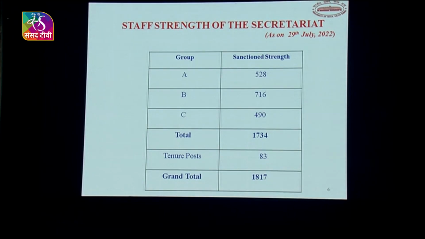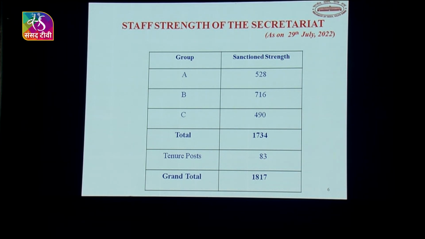Overall, if we see, a fairly good strength of officers are there. Like Group A has about 528 officers and staff. Group B would have about 716. Group C would have about 490. In all, about 1734 employees are there in the secretariat.